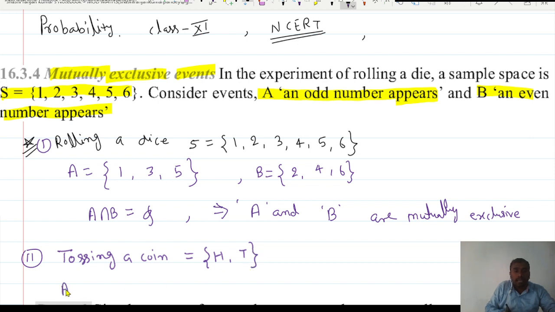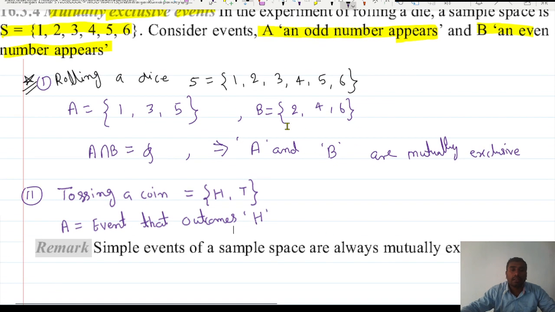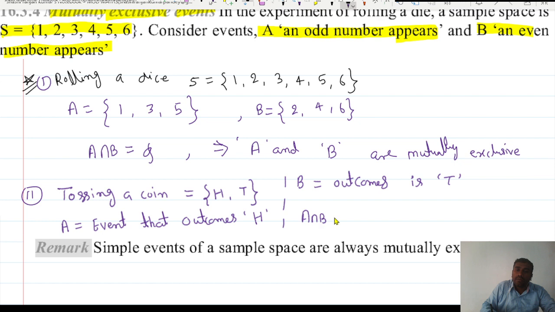Let us suppose A is the event that the outcome is head, and B is another event that the outcome is tail. Here again you can see A intersection B is the empty set. There is nothing common between them, so we can say that A and B are mutually exclusive.